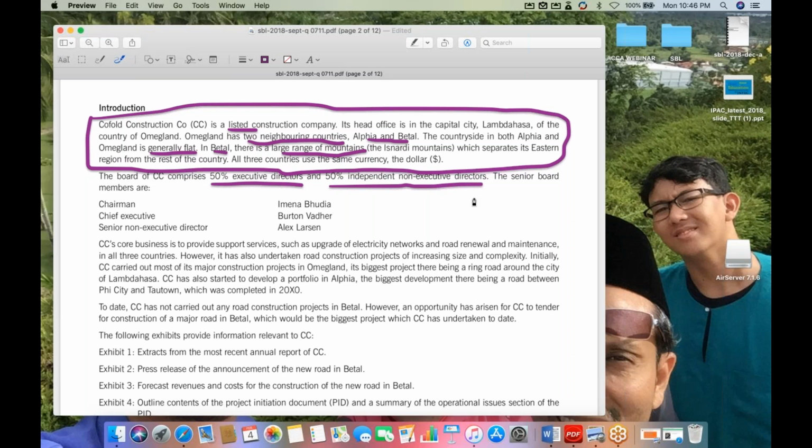Should it have more independent non-executive directors, or should it have more executive directors? Which one is better? So at least that particular technical knowledge is already at the back of your head. You know that you're supposed to be looking at this, and this particular question may definitely ask you on that. All right.